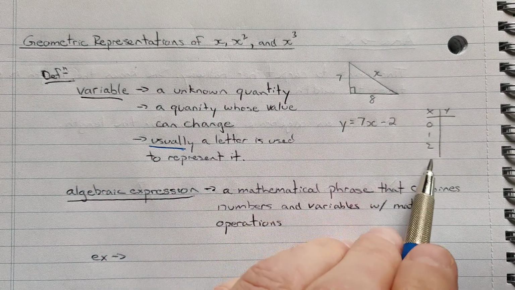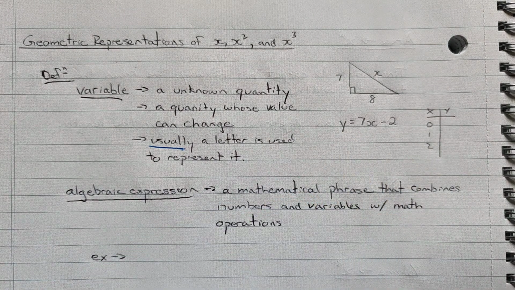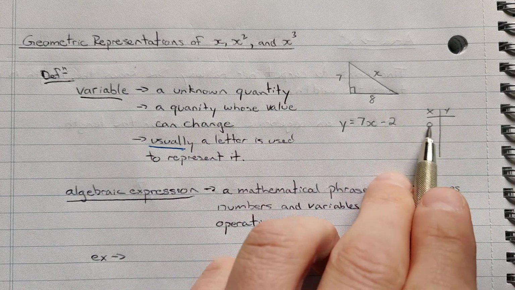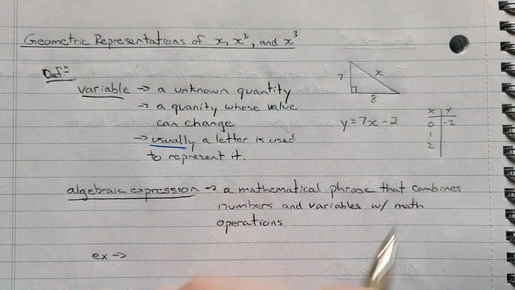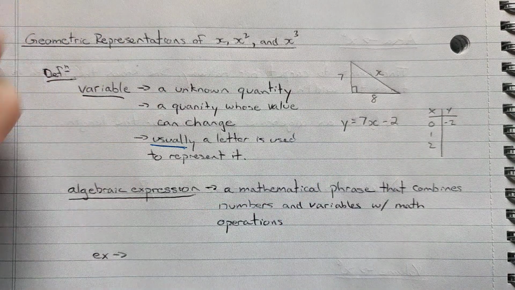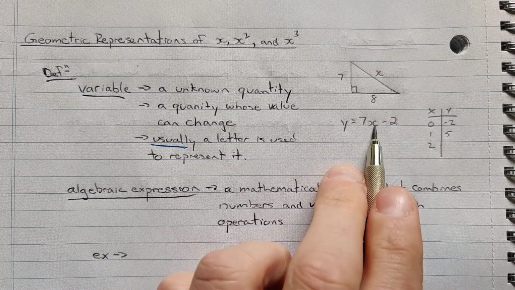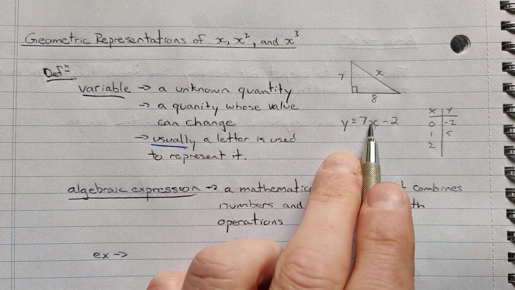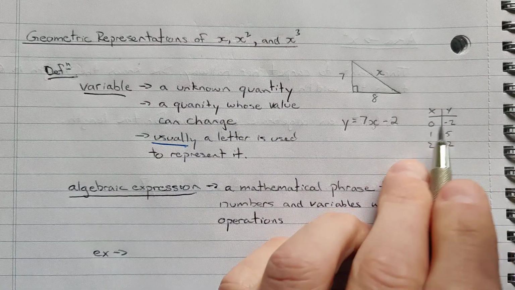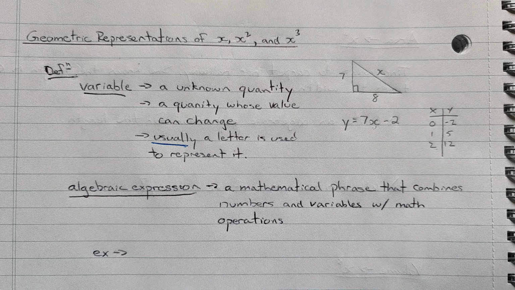So the x value is changing and the y value would respectively change as well. We'd put the 0 in for x and we'd get y equals negative 2. We'd put the 1 in for x, we get 7 times 1 minus 2, which would give us 5. And then we'd put the 2 in for x, and that would change the y value as well, because it would be 7 times 2, which is 14, minus 2, which is 12. So the x and y values can change as well, depending on the situation.